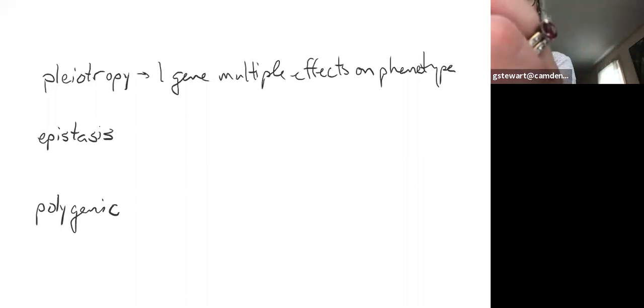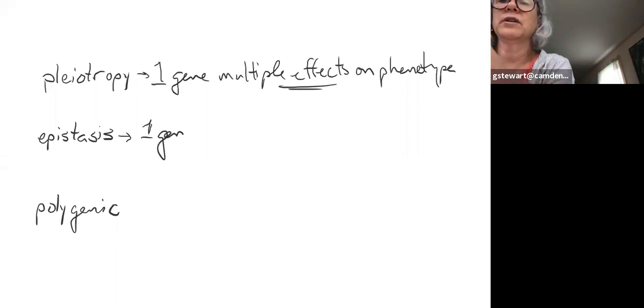So that gene for flower color is also determining something else in the phenotype. Epistasis, this is when one gene actually controls the expression of another gene.